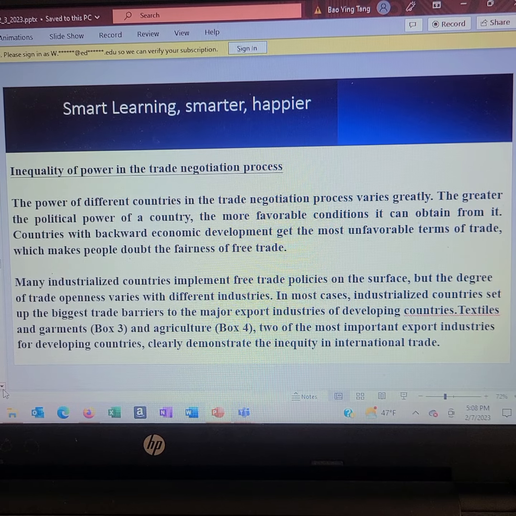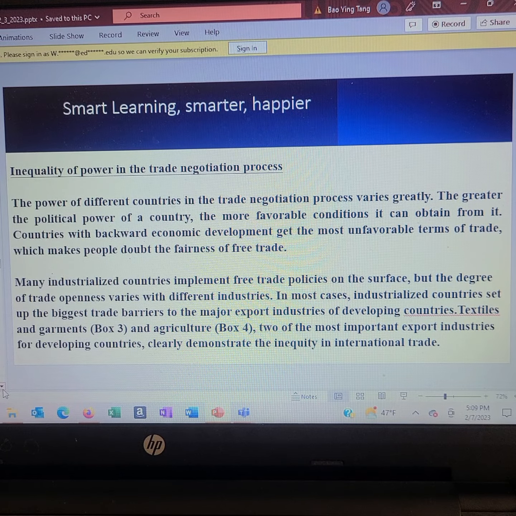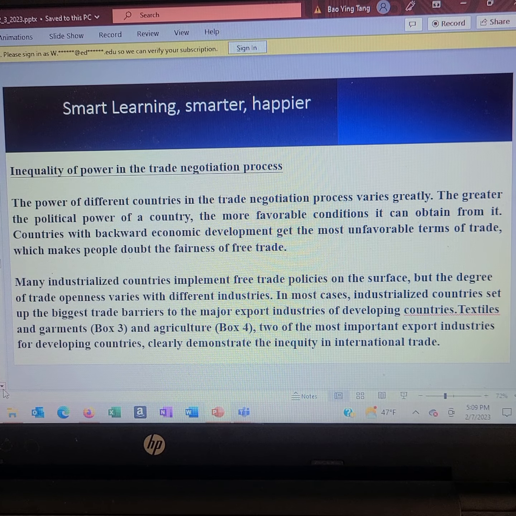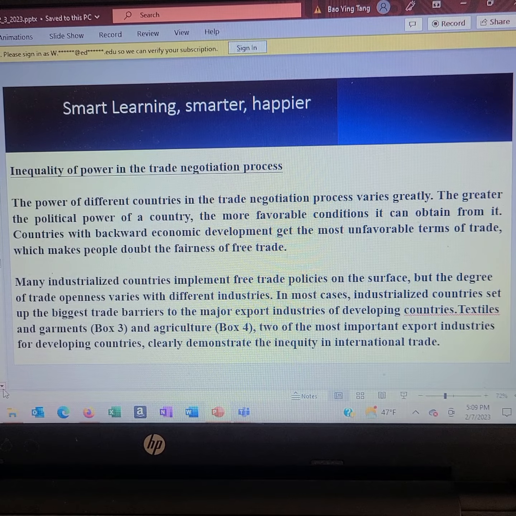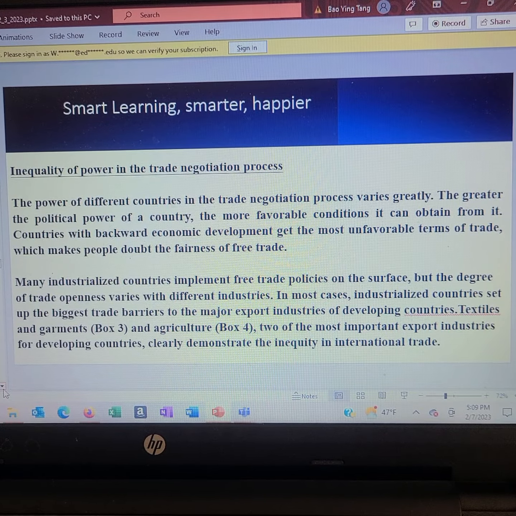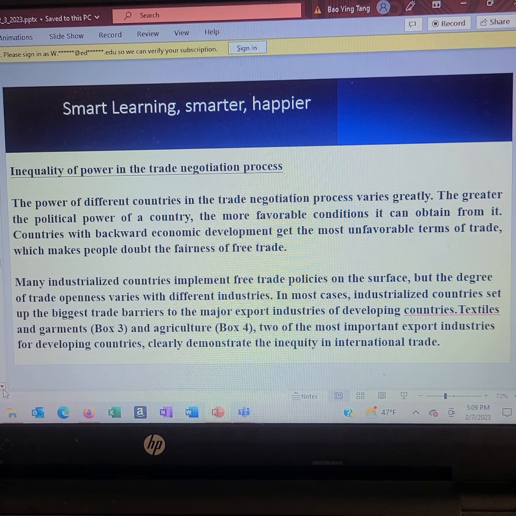In most cases, industrialized countries set up the biggest trade barriers to the major export industry of developing countries. Textiles and garments, as shown in box 3, and agriculture, as shown in box 4, two of the most important export industries for developing countries, clearly demonstrate the inequality in international trade.